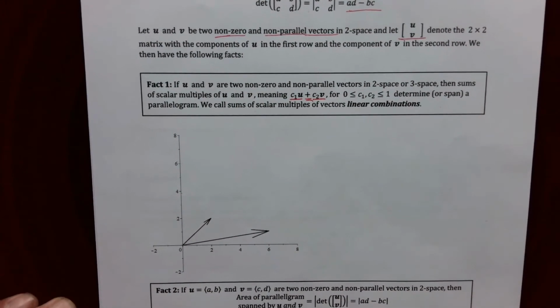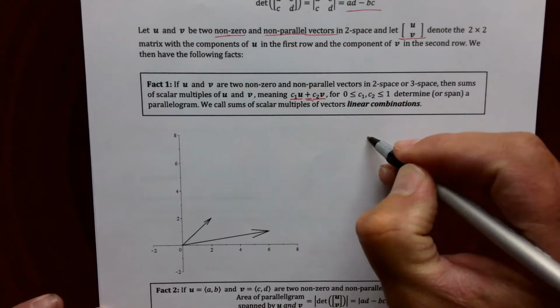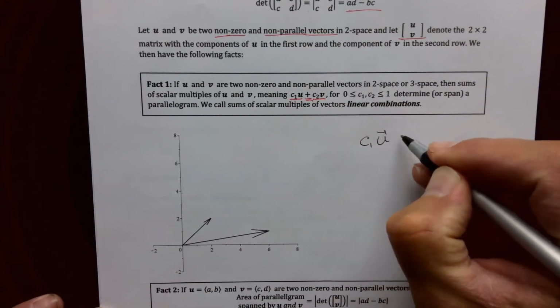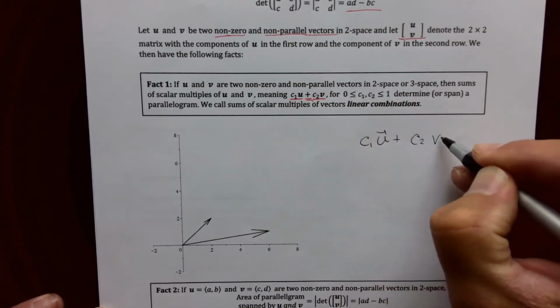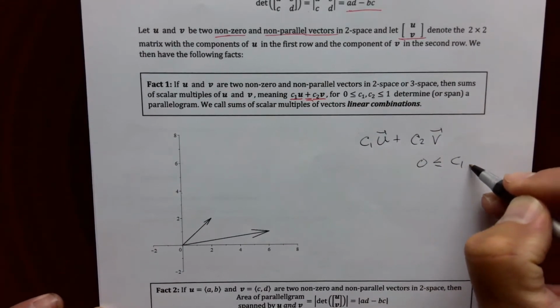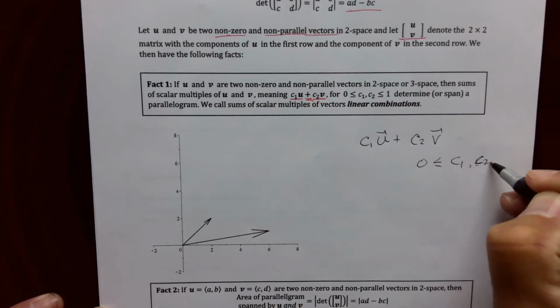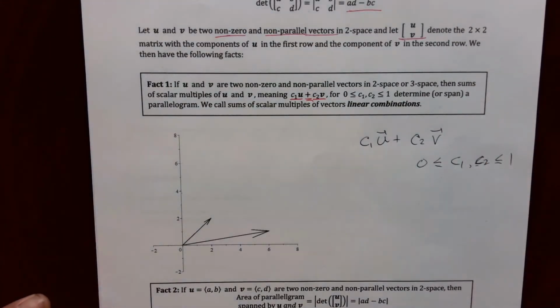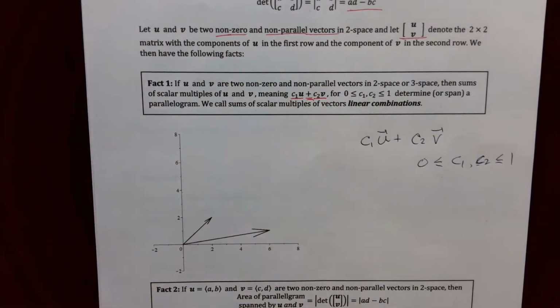Again, we call sums of scalar multiples of given vectors linear combinations. So if we look at any combination C1 times U plus C2 times V, and those numbers C1 and C2 are between 0 and 1, and we look at all such possibilities, that's going to determine a parallelogram.